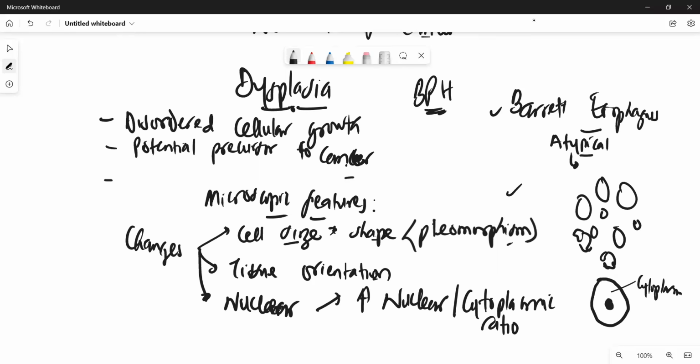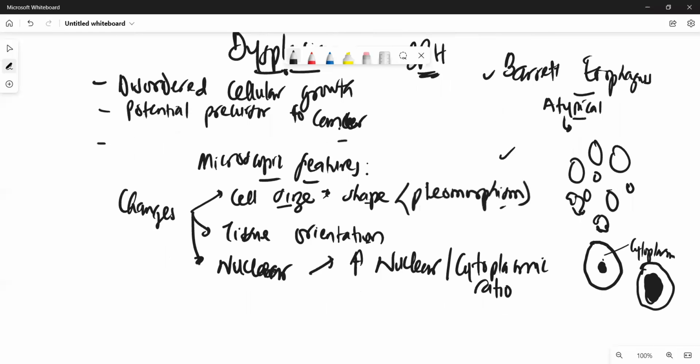So when you start having abnormal growth, because of the excessive growth, there's always a delay in the maturation of the cytoplasm relative to the nucleus, because the nucleus keeps dividing. So as a result of that, the nucleus is now bigger than the cytoplasm. So it looks something like this. So this is what we mean by increased nuclear to cytoplasmic ratio.